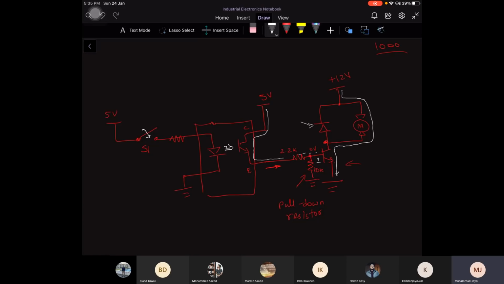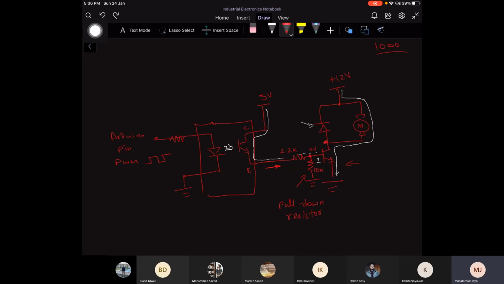All right. Let's suppose at the input side I do not attach S1, but instead I attach some microcontroller pin, or let's say an Arduino pin, which is providing high frequency PWM at the input terminal.